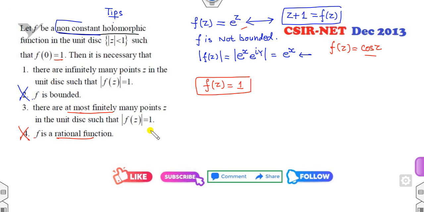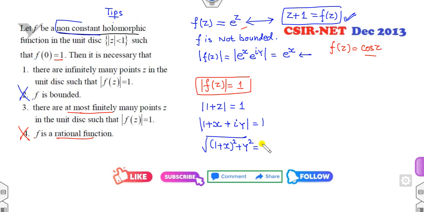Now, because I need to compute the modulus of this, the best way is to choose this part. That means mod of 1 plus z is 1, or I can say mod of 1 plus x plus iota y is 1. That means (1 plus x) square plus y square is 1.